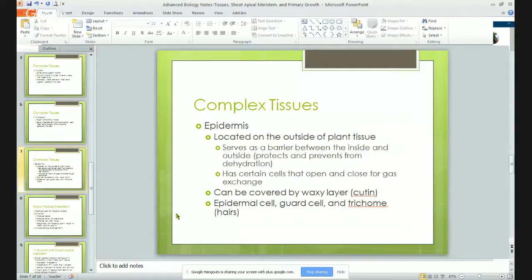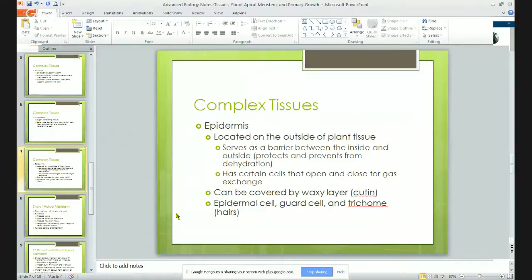So we're really just looking at that top layer right there, the top doodle. It's just going to show you the epidermis. Really, we're not going to get into the primary xylem and phloem yet.